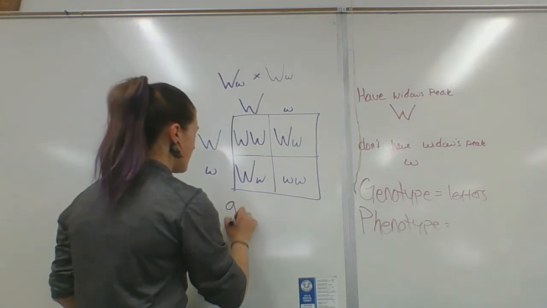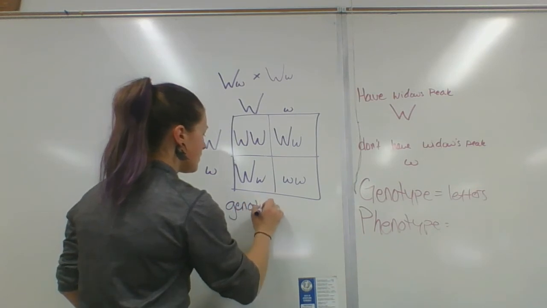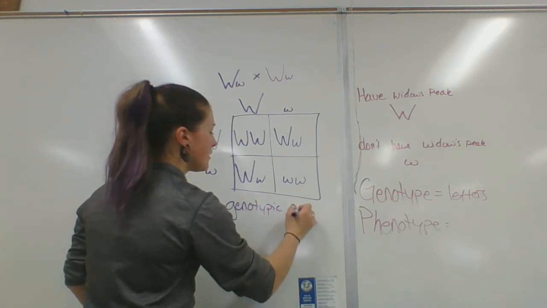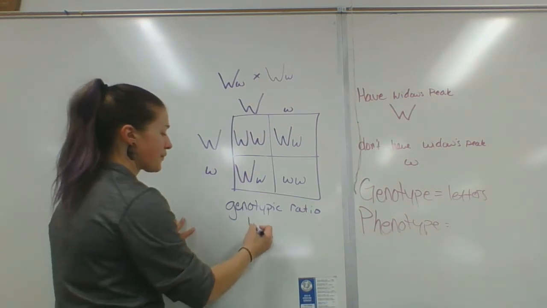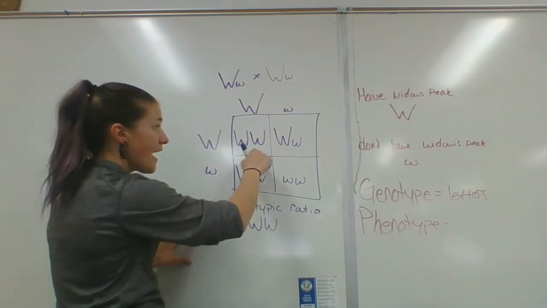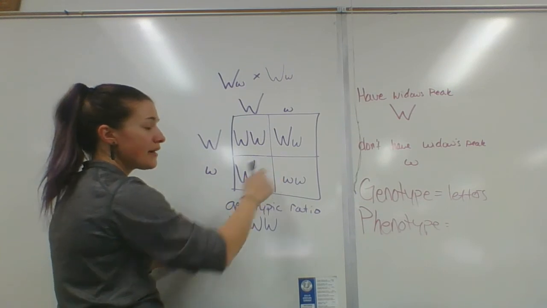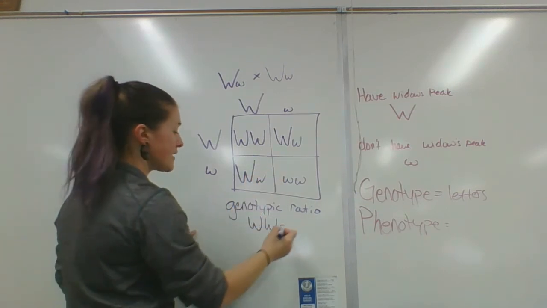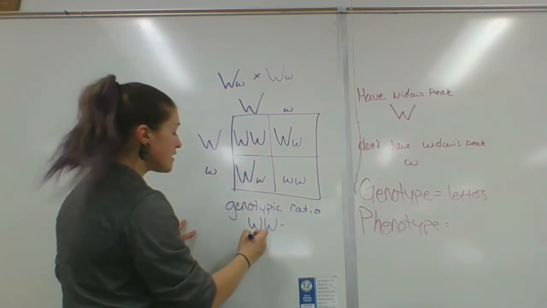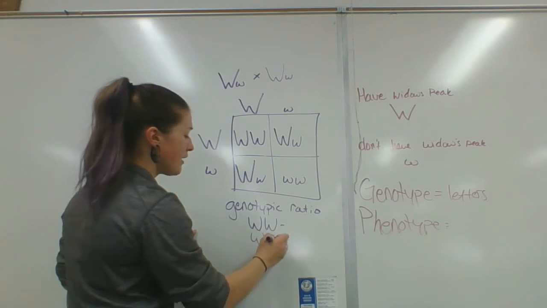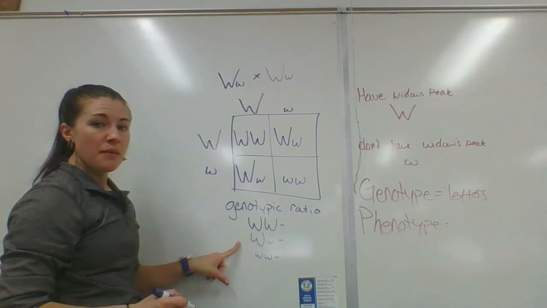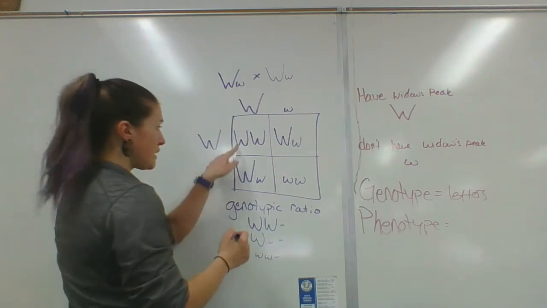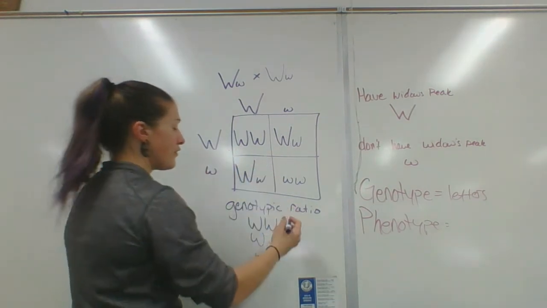If I now want to make my genotypic and my phenotypic ratios, let's see how I go about doing that. For my genotypic ratio, I have 3 genotypes represented: big W big W, big W little w, and little w little w. My genotypic ratio would be 25% out of 4.